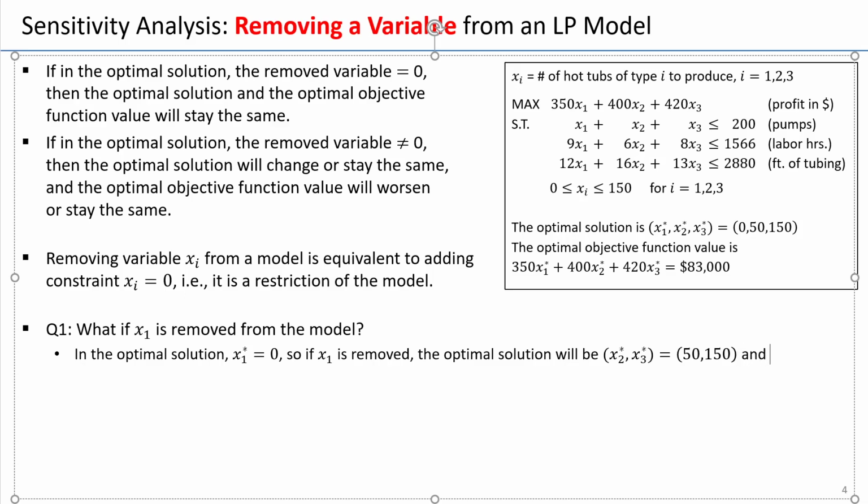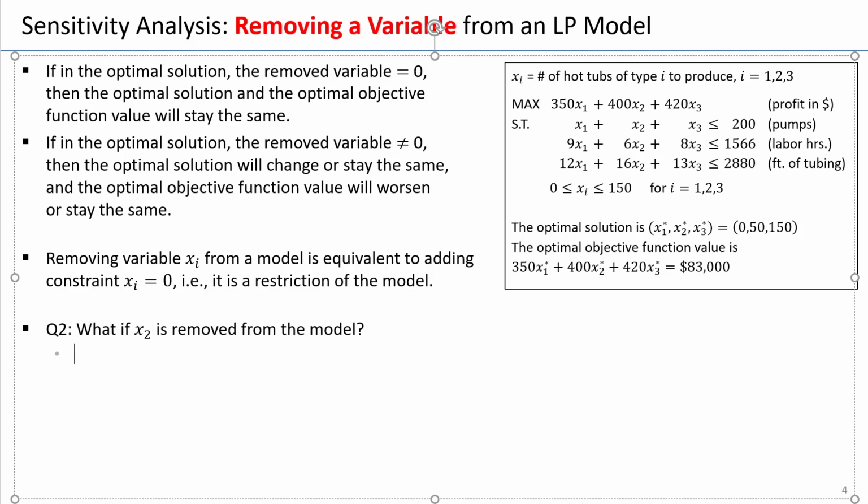And the optimal objective function value will still be $83,000.